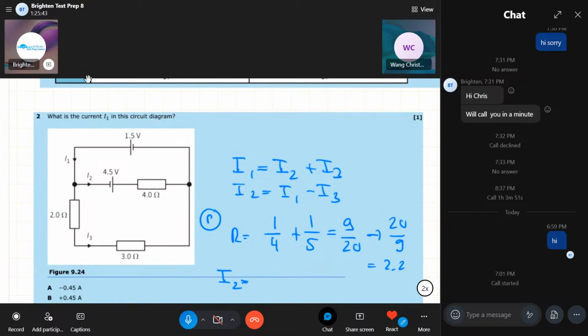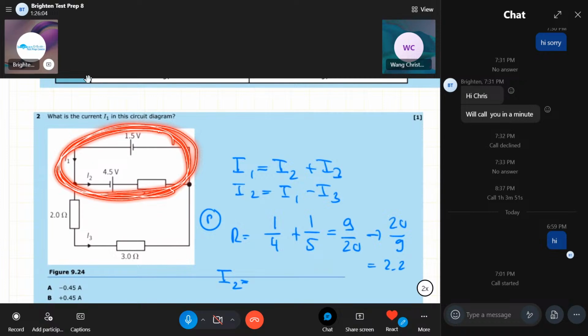Okay, yep. Well, it doesn't really help us actually. So if you look at the upper loop, because we want to have I2, we could as well go the other way around. Of course, we could do the same thing here, but maybe this one is easy. So what is the EMF of that loop, Chris?